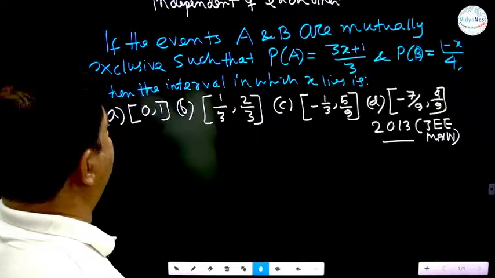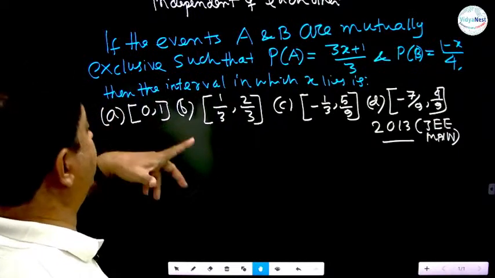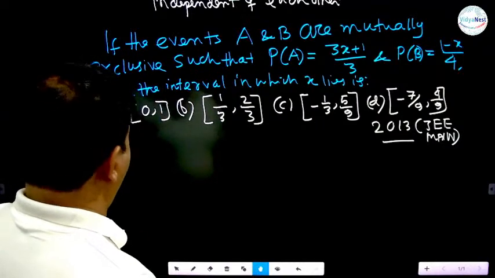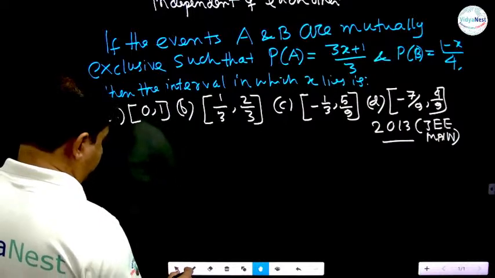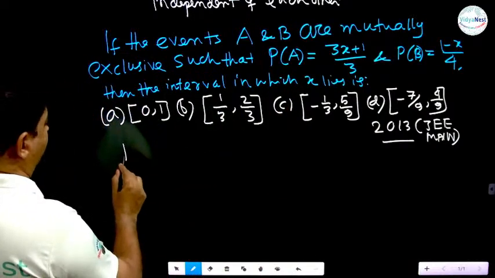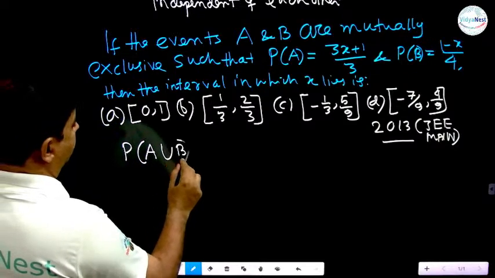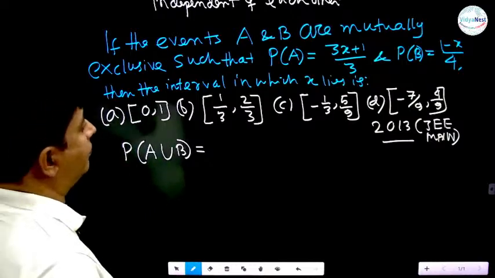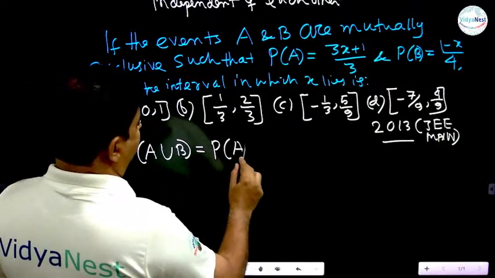We'll see whether we can use that or not. A and B are mutually exclusive events. Therefore, P(A union B) will be P(A) plus P(B).